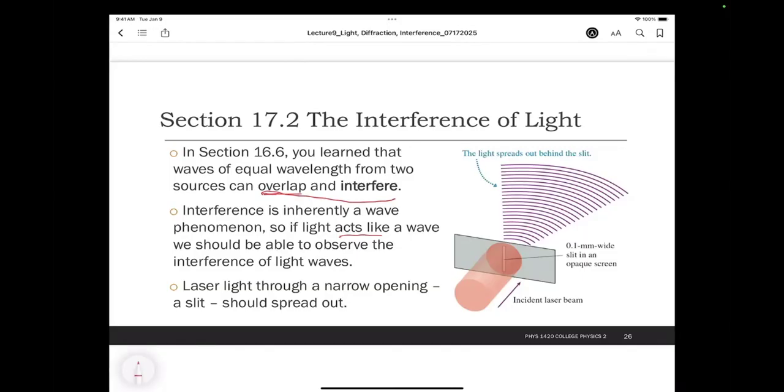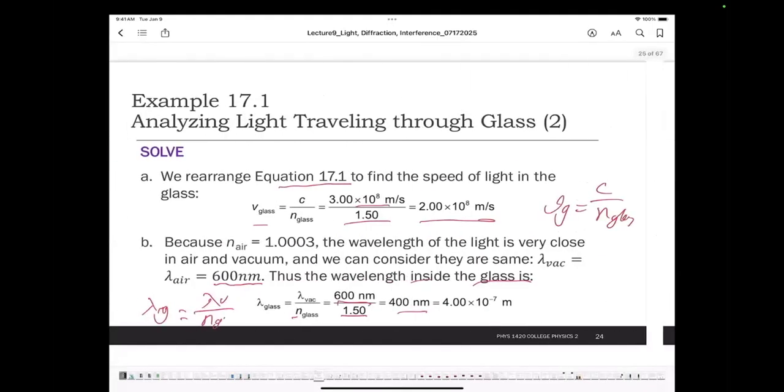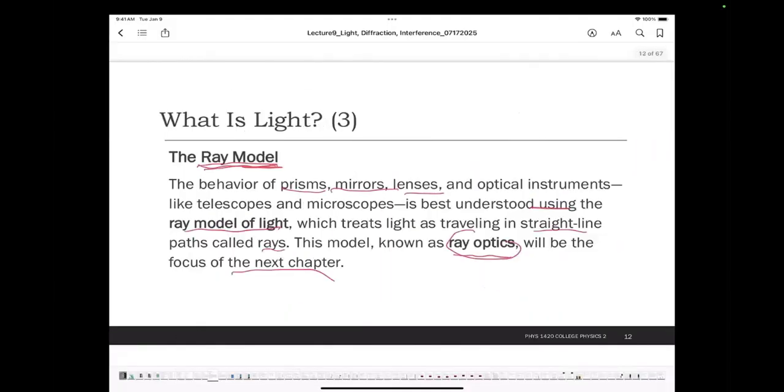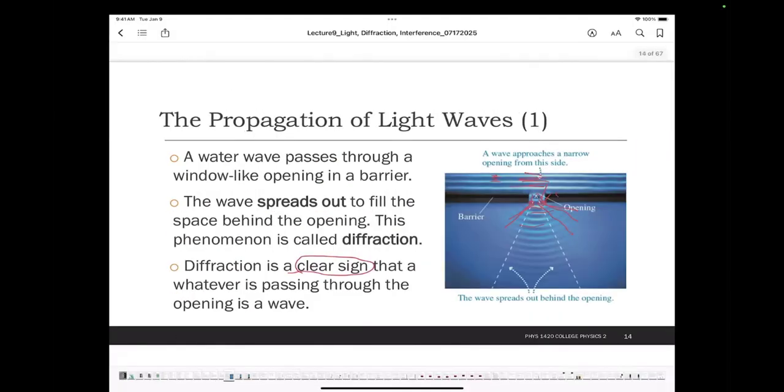Laser light through a narrow opening, we call it a slit, should spread out. We have already talked about this phenomenon, propagation.